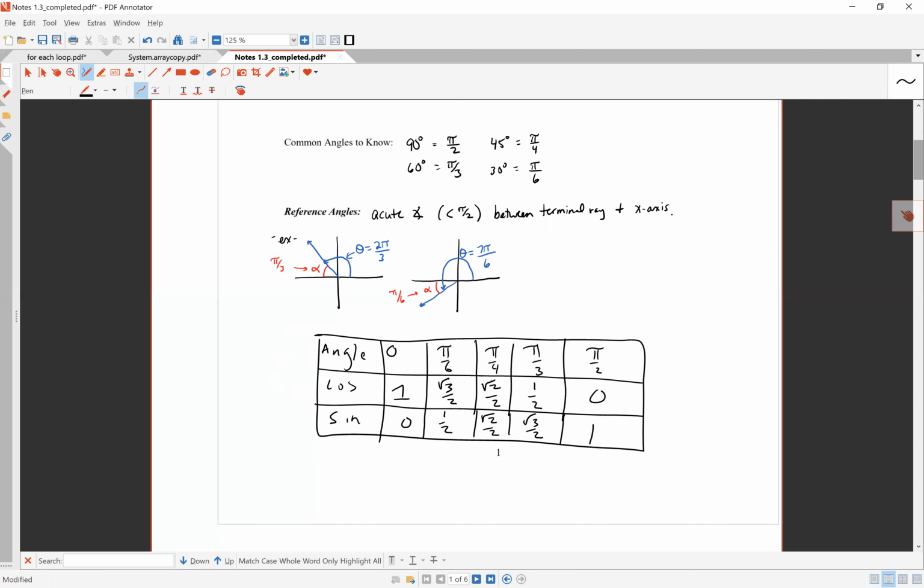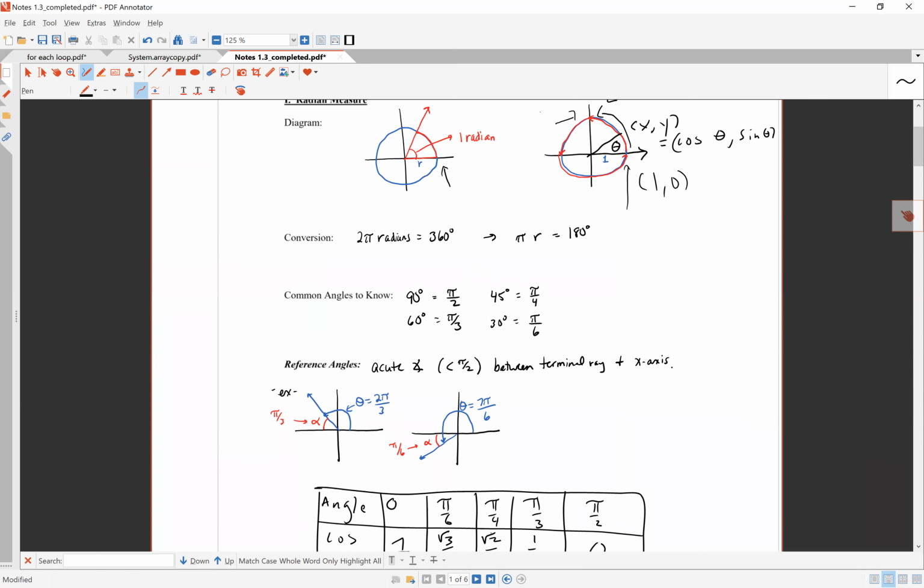So it keeps getting a little bit smaller. Square root of 2 over 2 at pi over 4 radians. At pi over 3, when we're getting pretty close to pi over 2, the first coordinate is 1/2. And then at pi over 2, the first coordinate is 0. So that's 0 comma 1.